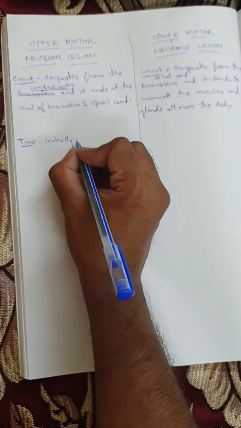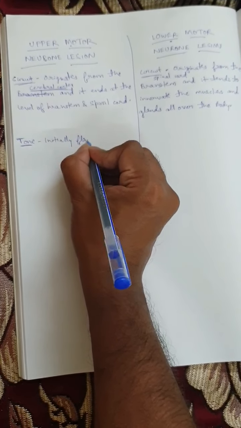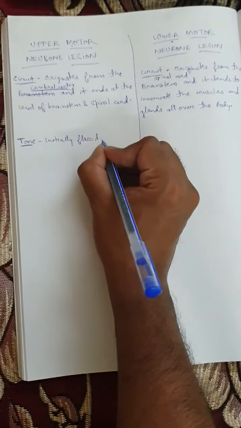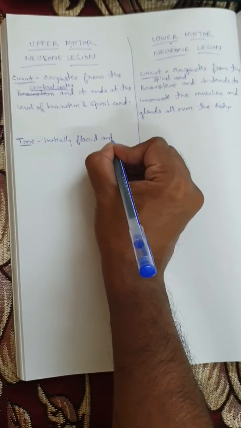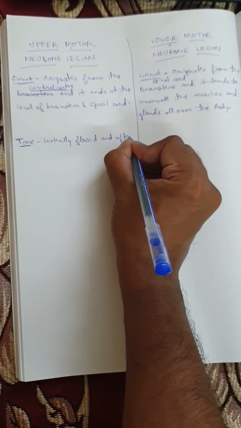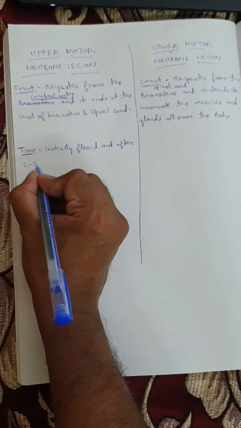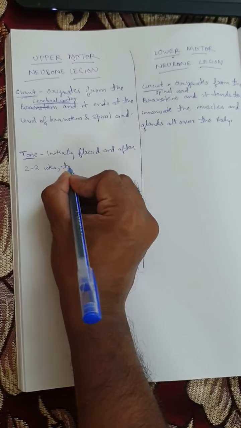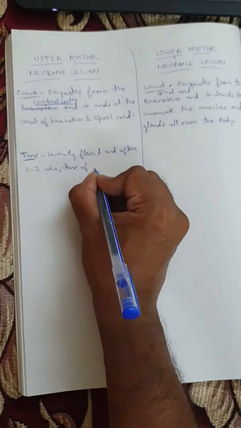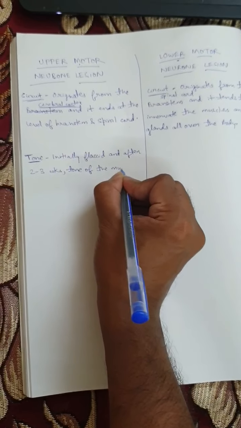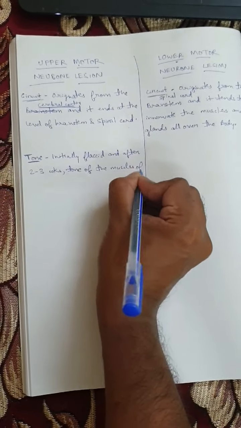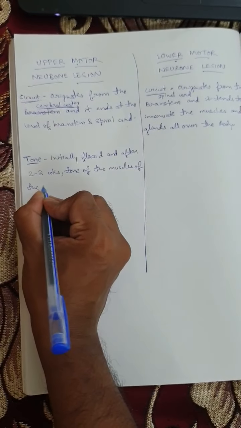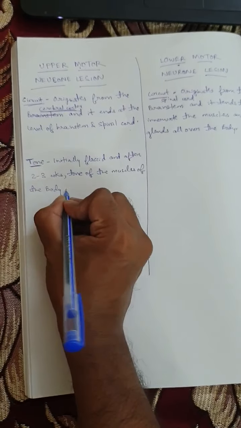Initially it is flaccid, and after 2 to 3 weeks the tone of the muscles of the body is increased.